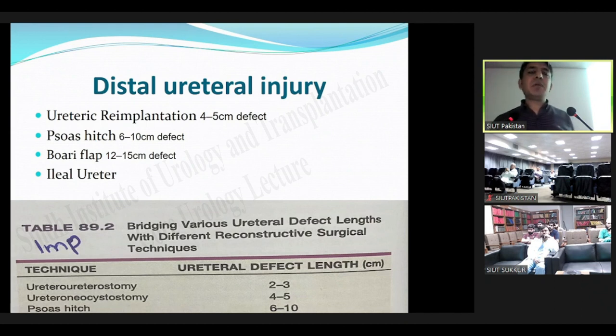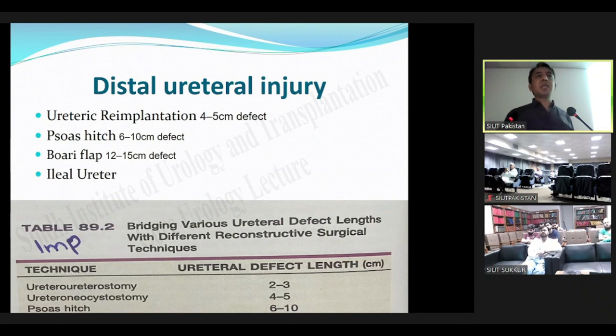But if we are unable to achieve a tension-free anastomosis with ureteric reimplantation, and we need a further 5 centimeters of length, then we can perform a psoas hitch. The psoas hitch is performed by fixing the apex of the urinary bladder to the ipsilateral psoas muscle and psoas minor tendon, but the genitofemoral nerve passes through that area, so it should be saved while performing this.